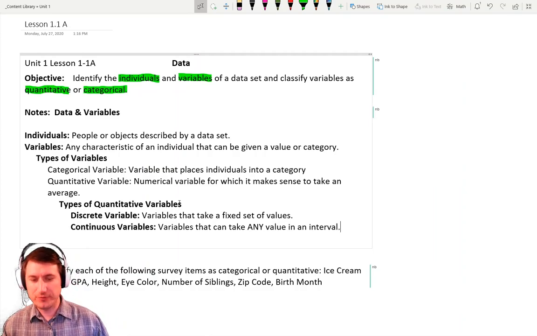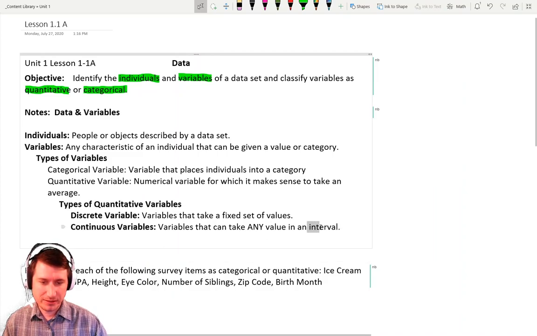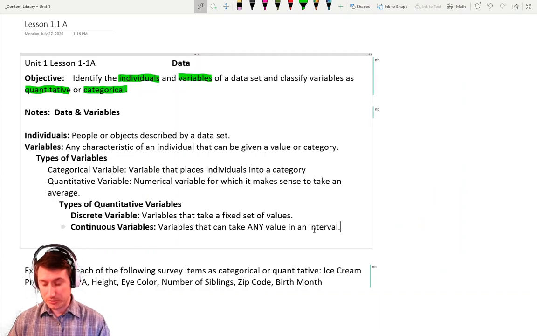Nobody has a 50-hour battery, I understand that. That's why we had to say in a given interval. But in that interval of numbers, you could be as precise as you want to be. You could tell me, oh, it's 2.384 hours. It's a little obnoxious, but sure, I kind of know what that means. But it could take any number in an interval.